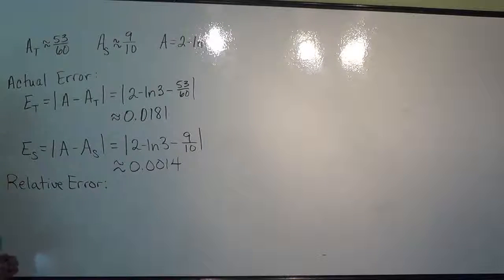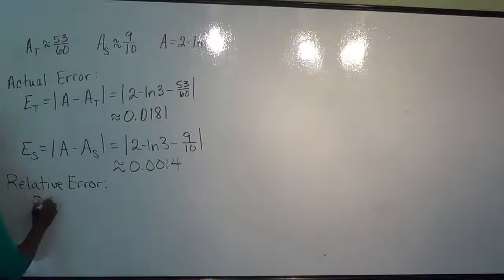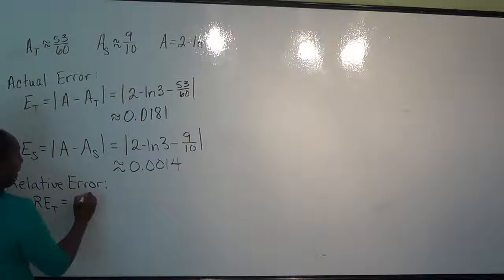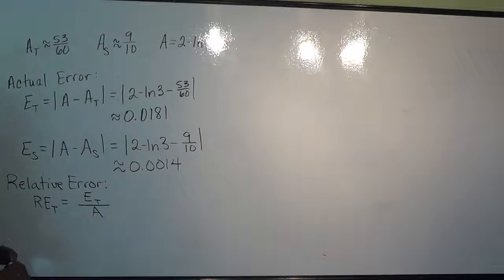Now again, relative error tells us the difference between the error in the method and the actual value. Okay. So looking at this as a percentage, again what this is saying is if I want the relative error in the trapezoid rule, what I'm going to do is I'm going to take the error in the trapezoid rule and divide it by the actual value of the function.